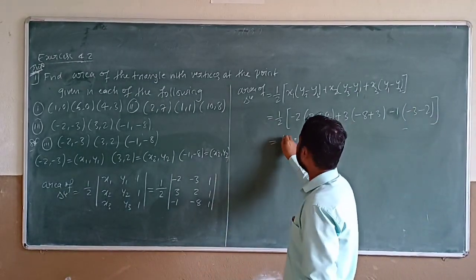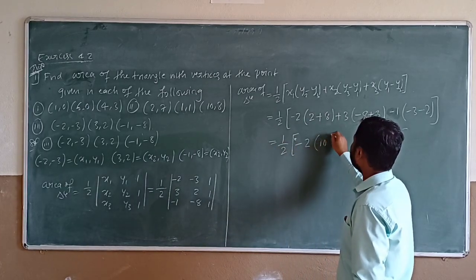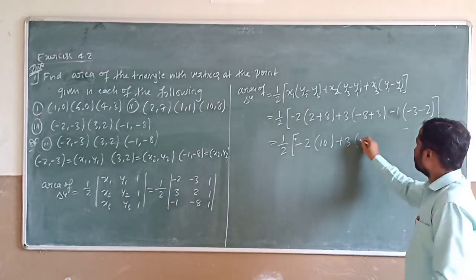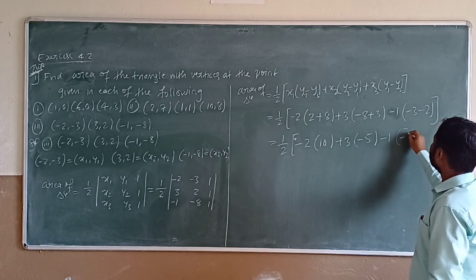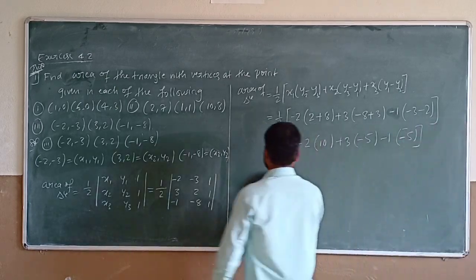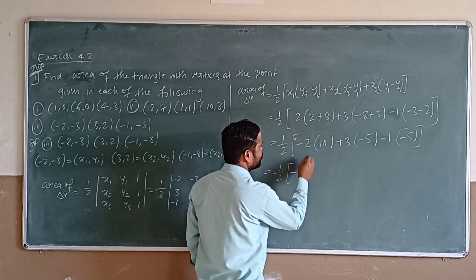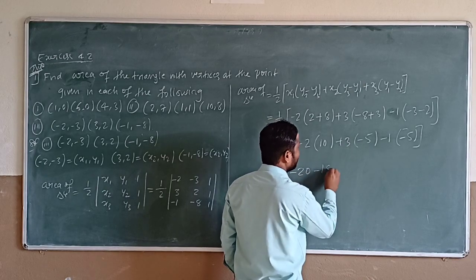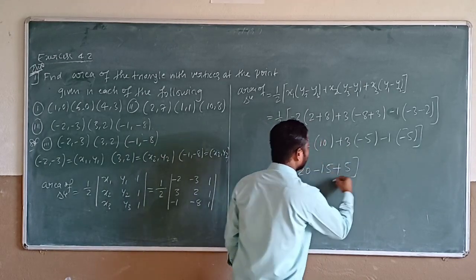Then 1 by 2 into, that is minus 2 into 2 plus 8, 10, plus 3 into minus 8 plus 3, minus 5, minus 1 into 3 minus 2, minus 3, minus 5 now. Then 1 by 2, right, into minus 2 tens are 20, minus 5 3s are 15, minus into minus plus, 1 5s are 5 now, right?